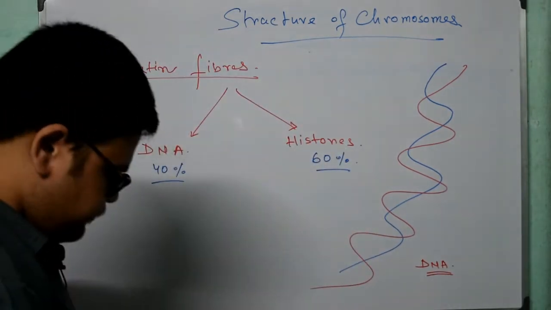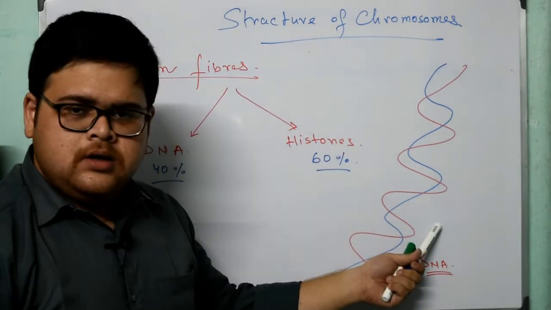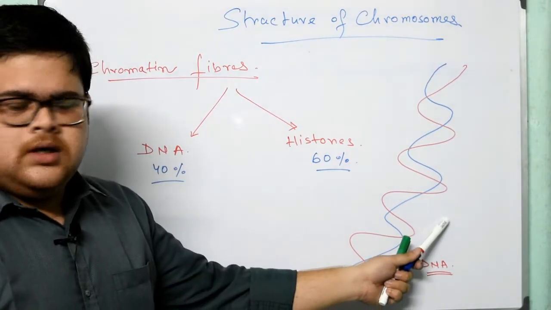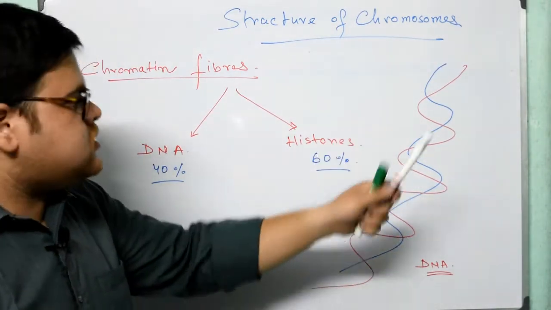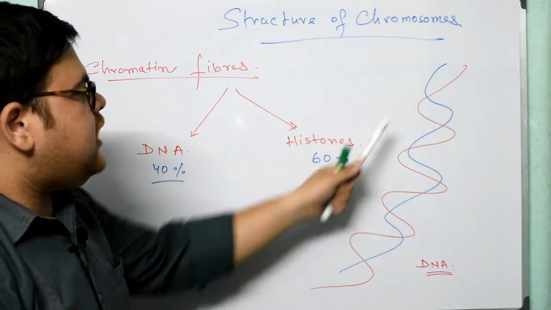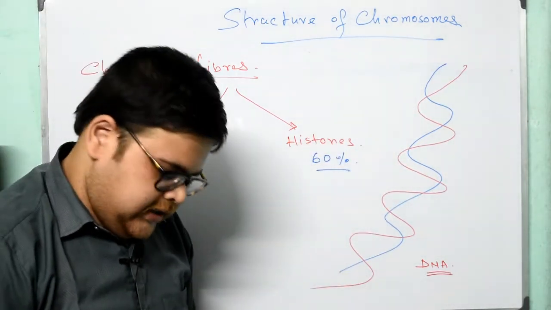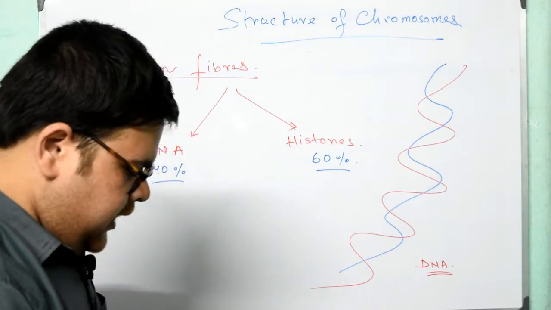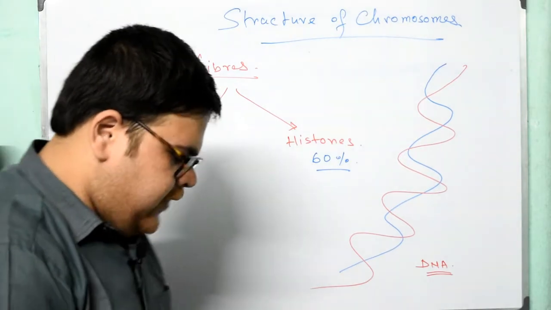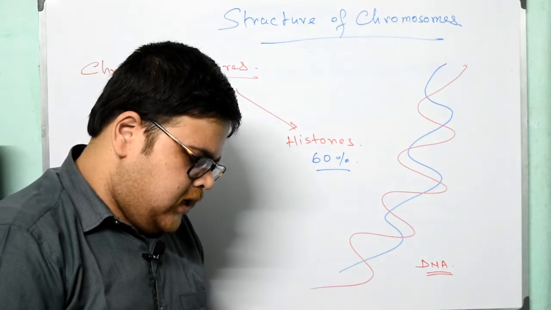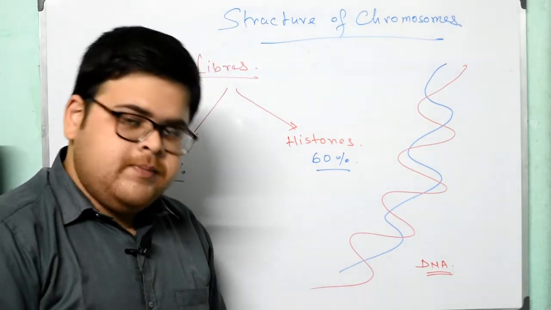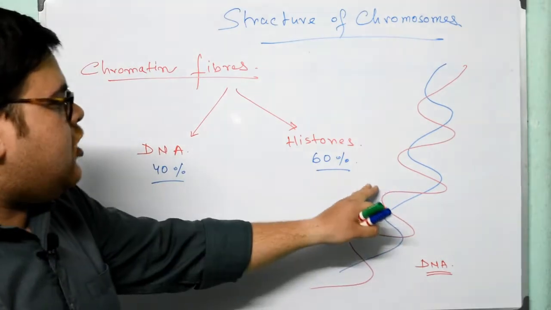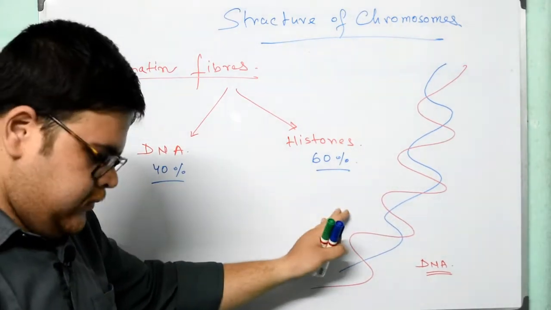Now, what are these strands? You might have asked me, sir, what are these helical structures? The shape of the DNA molecule was first studied by Rosalind Franklin in 1953. However, the structure was finally worked out by Watson and Crick in the same year, so we call it the Watson and Crick model.